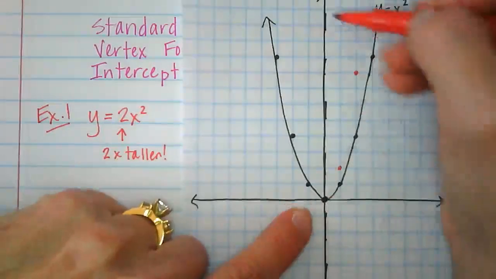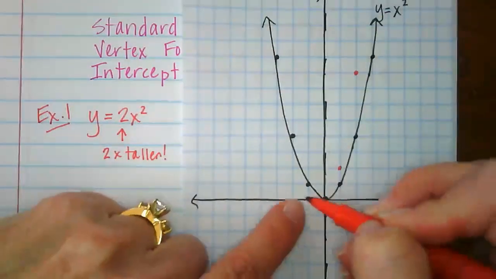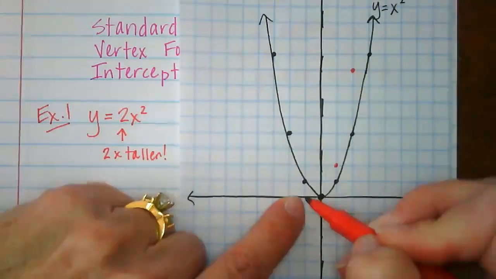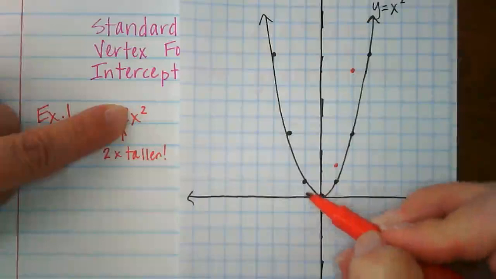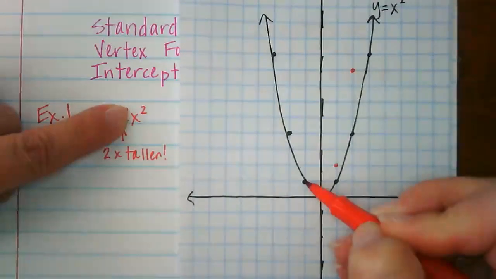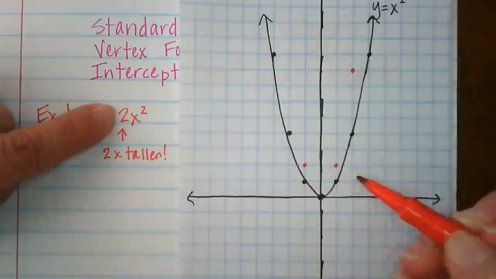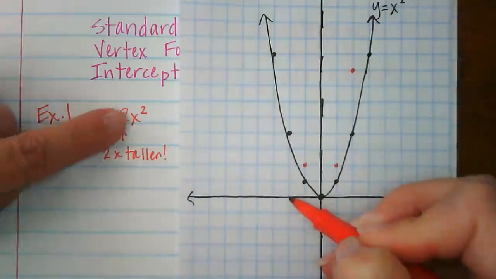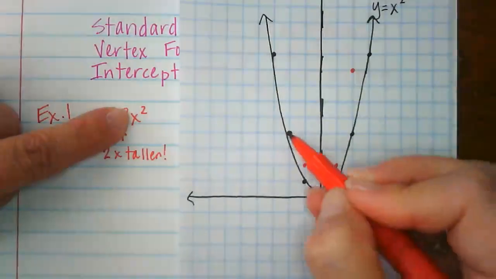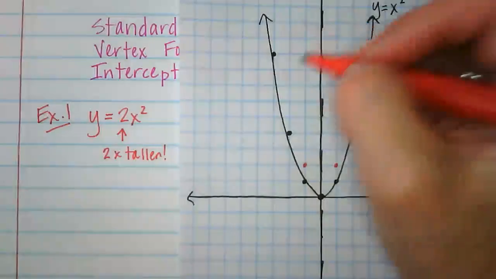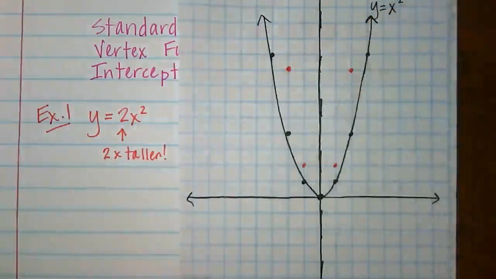The same thing is going to happen because we still have this axis of symmetry. We're still going to have mirror image points, but just to show you, if we fill in -1, -1 squared would be 1. That's a normal parabola, but this one's going to be twice as tall. If we fill in -2, -2 squared would be 4, but this one's going to be 8 because it's going to be twice as tall.